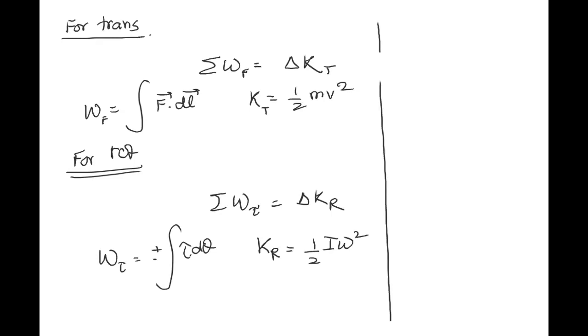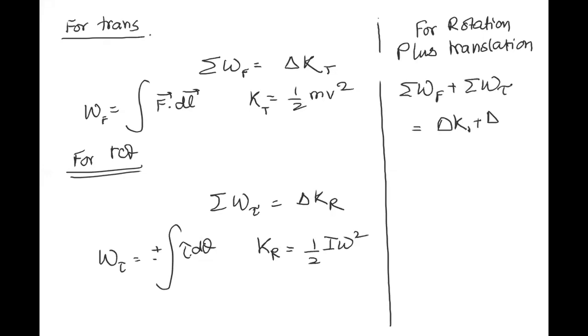And we will have translational kinetic energy plus change in rotational kinetic energy. Just like we have been doing it before, the two things are simply added to each other.